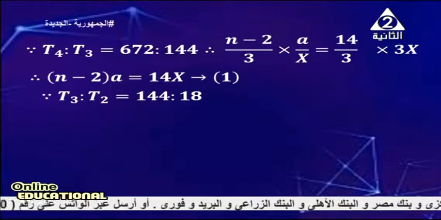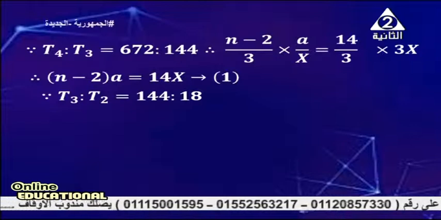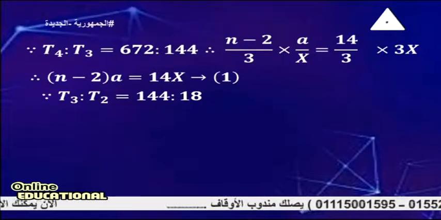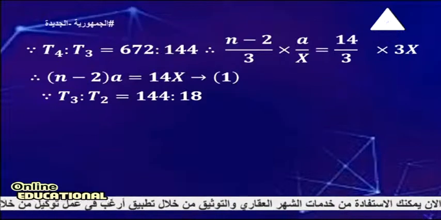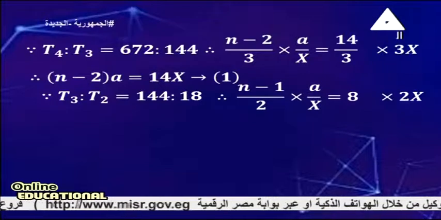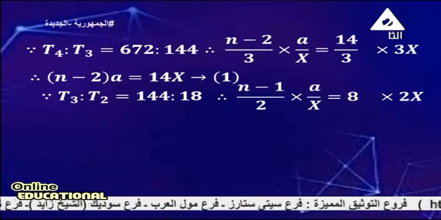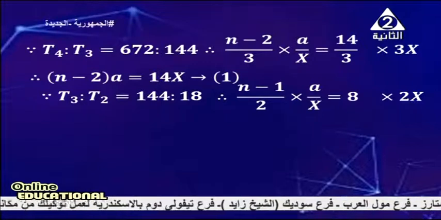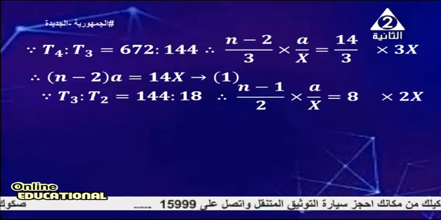This is equation number 1. We take the relation between T3 and T2 by the same method, equals 144 over 18, using the rule (n minus 1) over 2 multiplied by the second term over the first term, a over x, equals 8 times 2x.